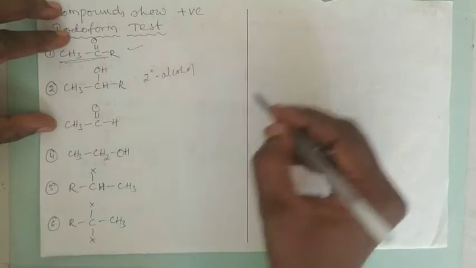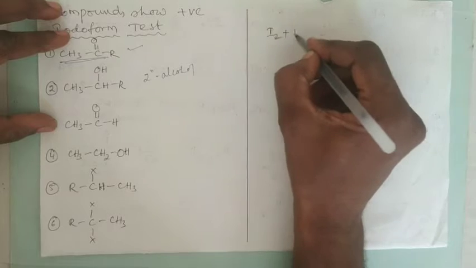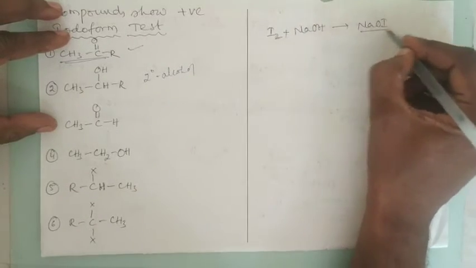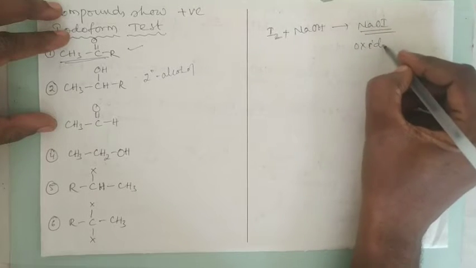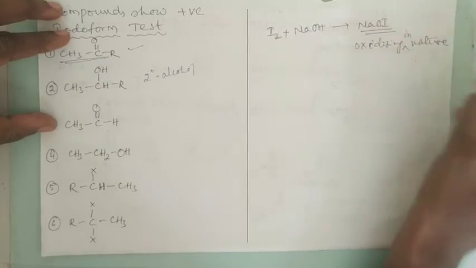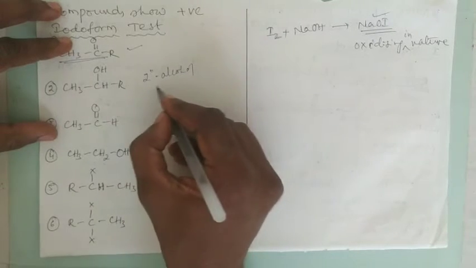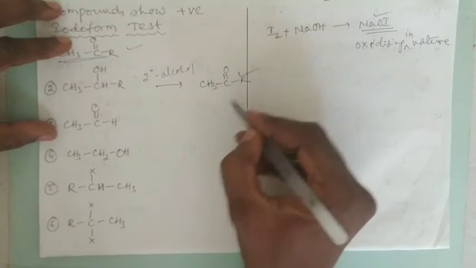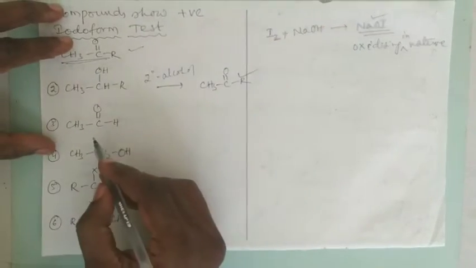Because in the reaction condition we use iodine plus sodium hydroxide, which gives NaOI. This sodium hypohalite is an oxidizing agent, so it oxidizes the secondary alcohol to CH3COR, which is again a methyl ketone. Therefore it shows the reaction.